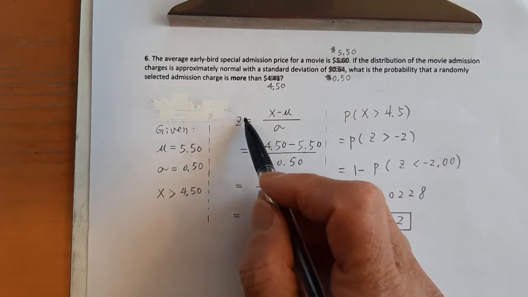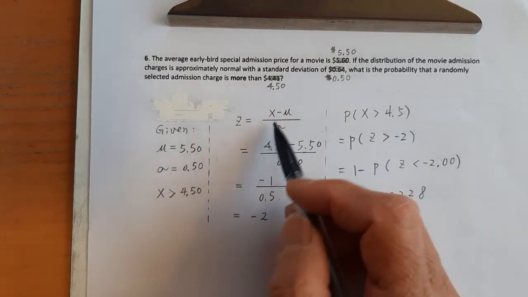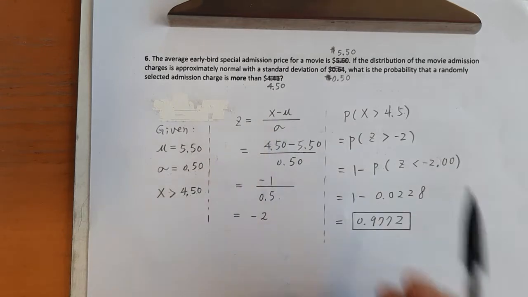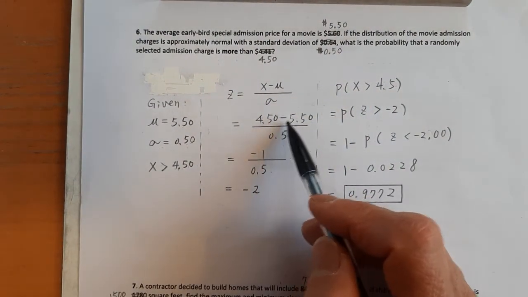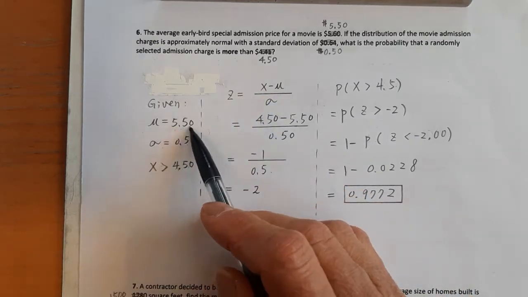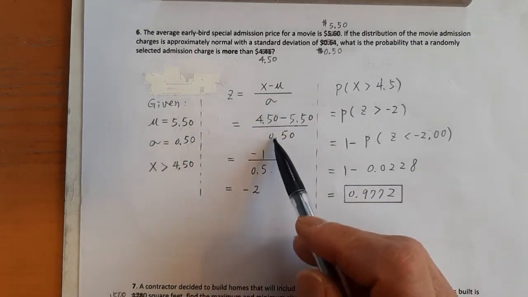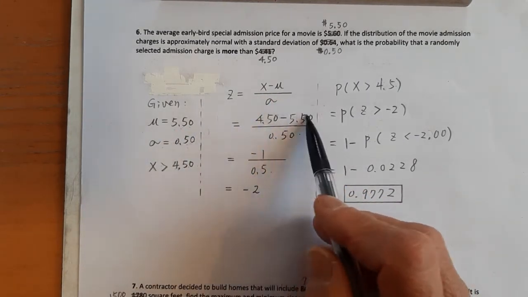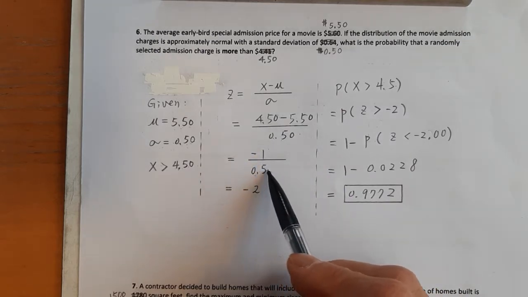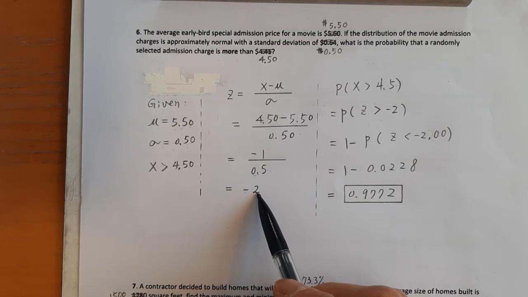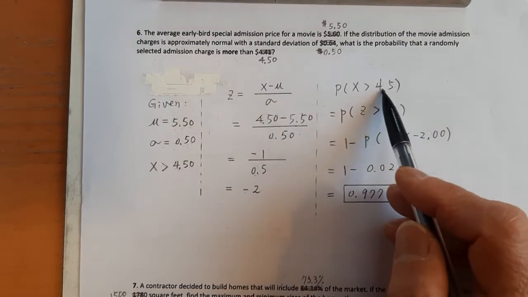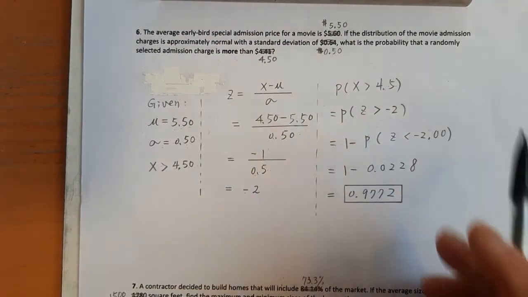So plug into the Z formula: Z equals X minus mean over standard deviation. X is 4.5, minus mean 5.50, standard deviation is 0.50. Subtraction gives negative 1, over 0.50, which is negative 2. So when X is 4.5, the corresponding Z-score is negative 2.